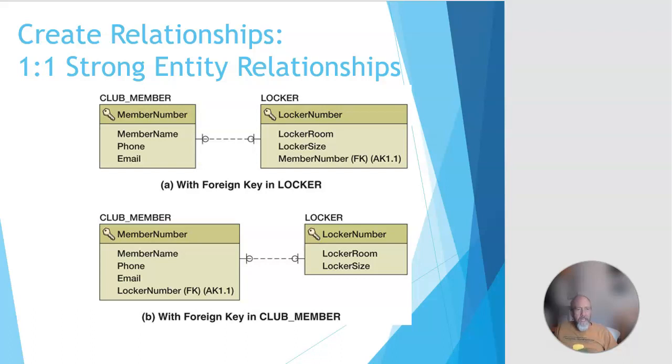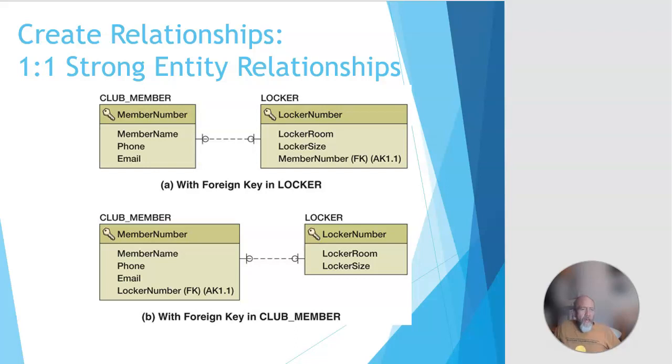You've got, let's say, in the case of a club member and a locker, the club member has one locker. Is it logical to put that locker into the club member stuff? Well, it might be that you put the locker number with the club member, and then over here on the other side, you've got a table that contains specific information about the lockers.